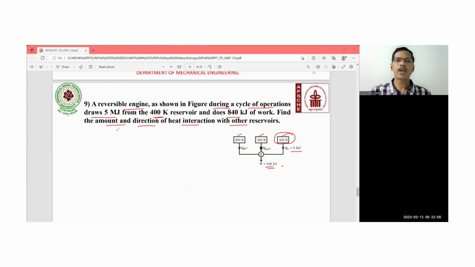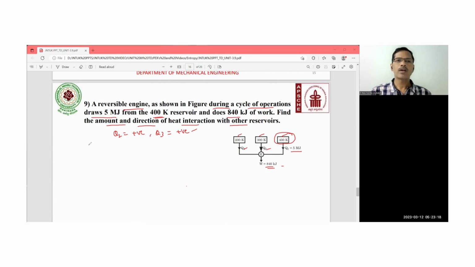First, assume that Q2 is positive and Q3 is also positive. Later, after finding the values of Q2 and Q3, you can check whether the assumption is correct or not.